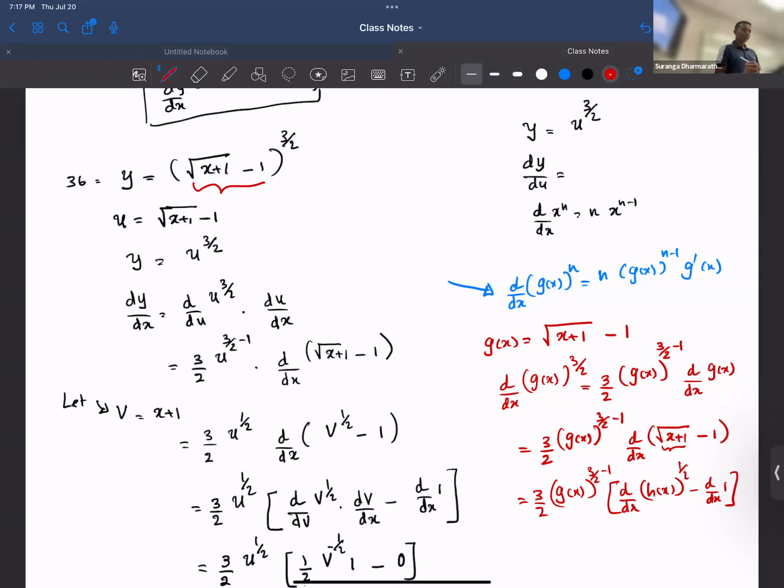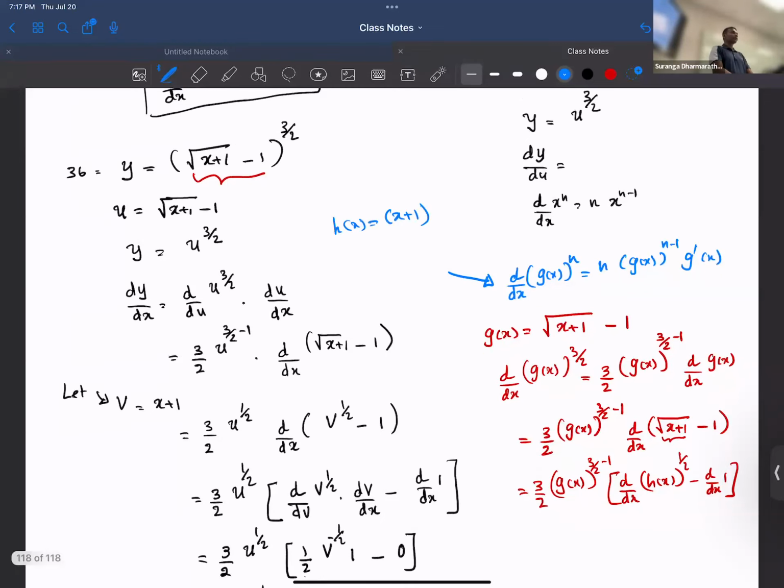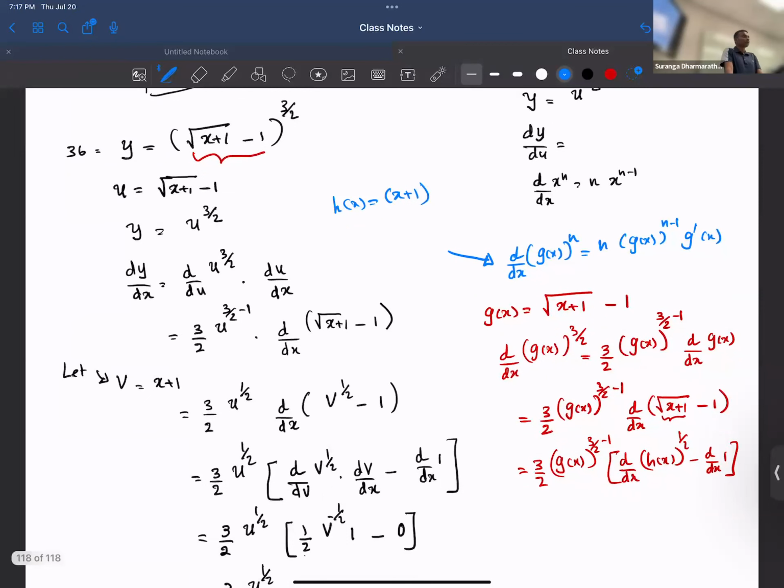So what is h of x? Here h of x is x plus 1, right? So you can do the same thing. That's also the same way of solving it by using the chain rule. Does that make sense? You can follow any method out of this.